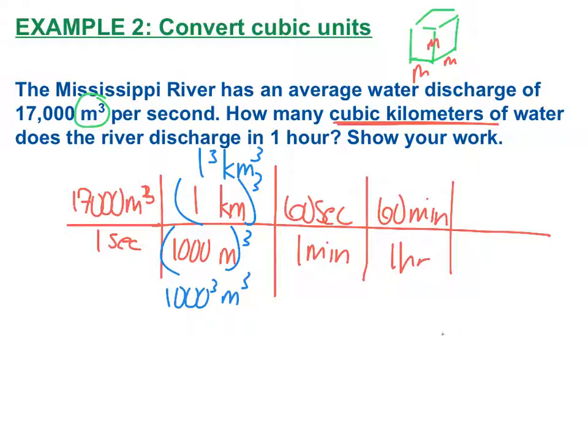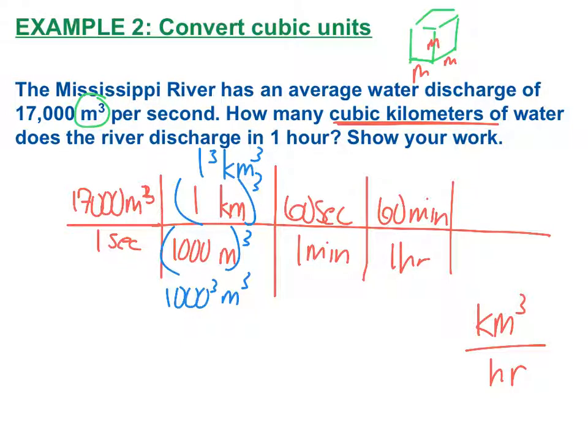When we put this in our calculator, we're going to get cubic kilometers per hour.